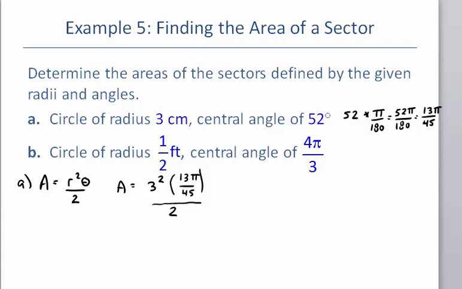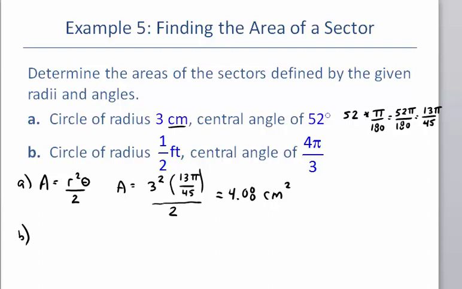And when we do that, we will go ahead and put this in our calculator to get a decimal for the area of that sector. And when we do that, our area is equal to 4.08. Our unit is centimeters. And remember that anytime you're finding area, we're talking about a square on the unit. So 4.08 centimeters squared is the area for part A.